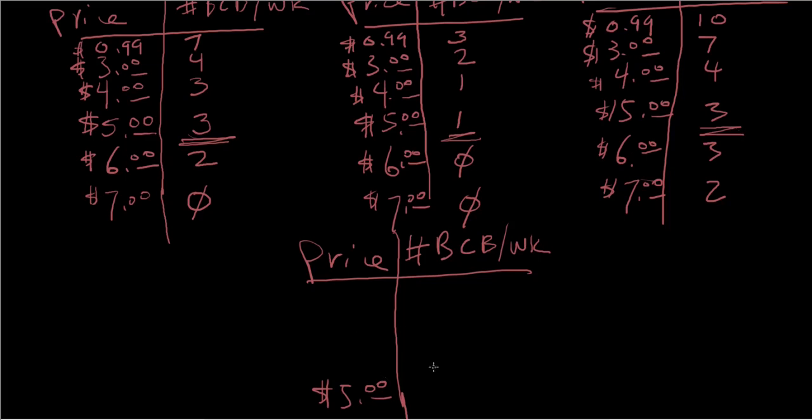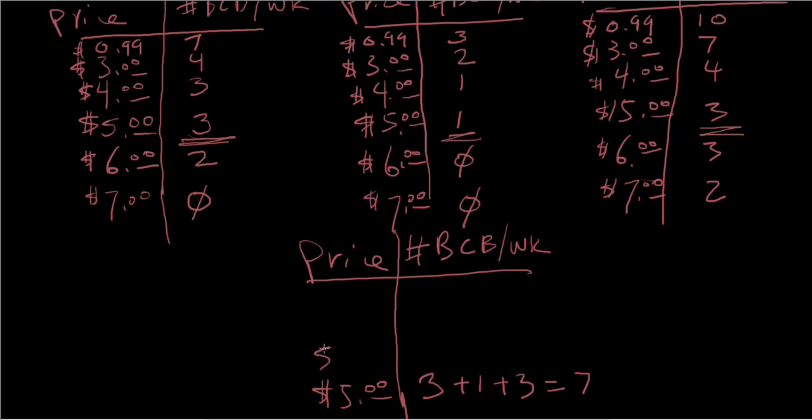So how many units in total are demanded? 3 from John, 1 from Julie, and 3 from Tom, so altogether 7 burgers will be demanded.